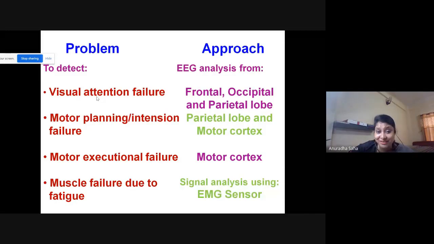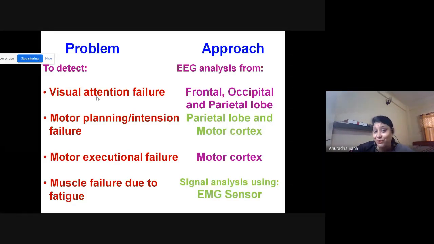Coming to the third one, let's say the driver is visually alert. The driver can also plan his correct motor intention: yes, I need to press the brake right now. But suppose for the last three days he has been on night shifts, not having proper food, not having proper sleep. So maybe there is muscle fatigue, which leads to a delay in executing the perfect motor action within the stipulated time.